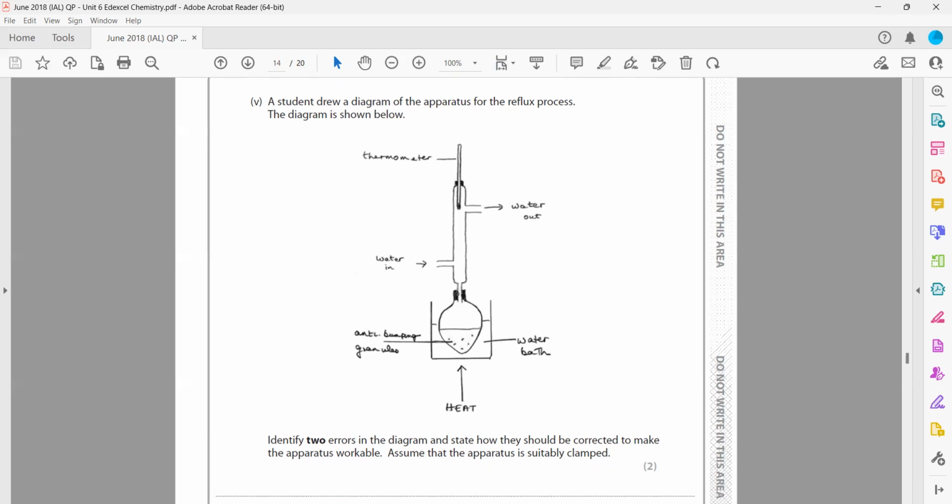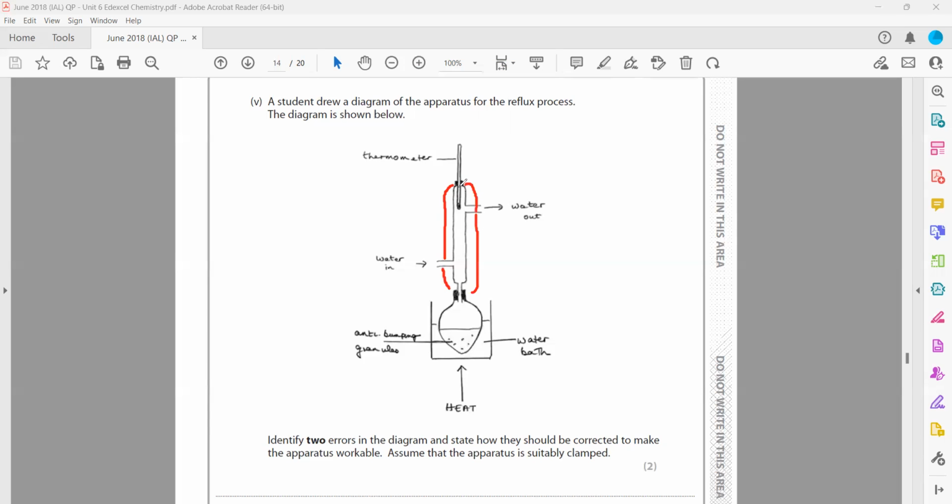That is one of them. And the thermometer, we don't have to use a thermometer. The thermometer should not be there. And what is the missing part here? The water jacket is missing. That is one thing.